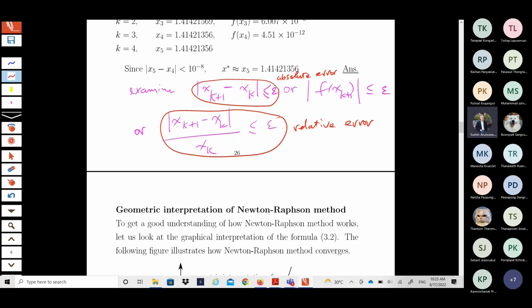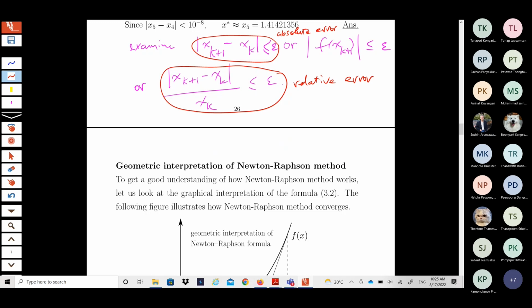For example, if the solution x star is, let's say, 1000, when we look at the absolute error, if you specify the absolute error like 10 to the power of minus 4, then the iterates need to differ only in the 7th or 8th digits, right?